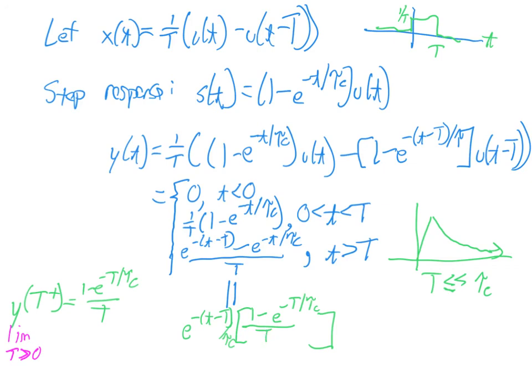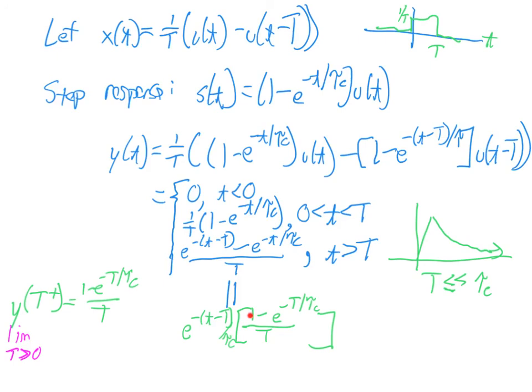As capital T goes to 0, the numerator is 1 minus e to the 0, so 1 minus 1, so the numerator is 0, denominator is 0. So what I need to do is take the derivative with respect to capital T for both the numerator and the denominator.